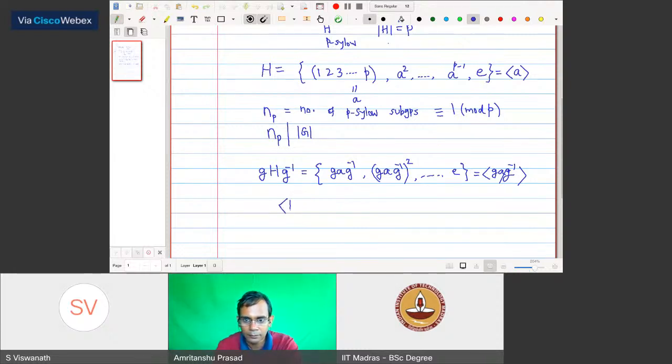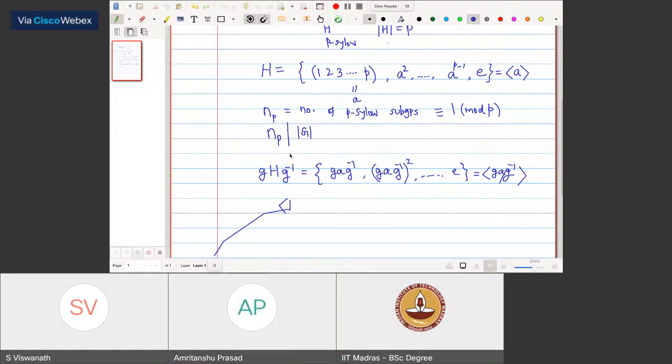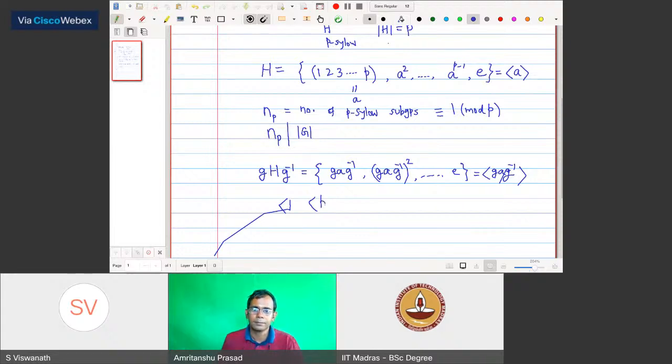You pick an element B whose order is p. So look at the cyclic group generated by B, where B is an element of order p. In other words, it's a p-cycle. What are the elements of order p?